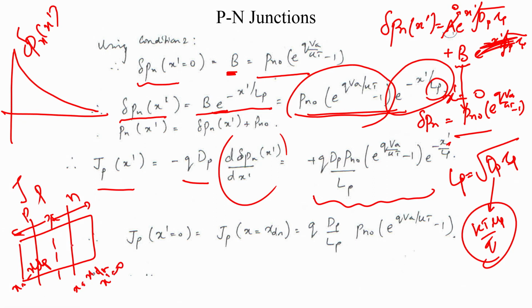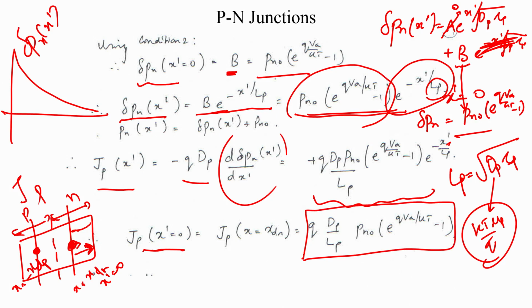We need to compute the diffusion current here at x dash equal to 0, because after this point it becomes a little tricky to compute the total current, because you have a diffusion component and you have the minority carriers moving in, etc. So, we want to compute the diffusion current at this edge due to the holes, compute the diffusion current at this edge due to the electrons, and sum these two diffusion current components to give you the total current. So, at x dash equal to 0, my diffusion current simply becomes this particular term.